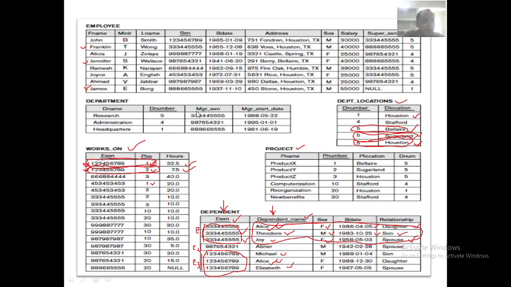This is an attribute of this entity referring to an employee, and this forms a relationship. What is that? Manager manages department. Manages is a relationship. Which manager and how it is related, that is what it forms.